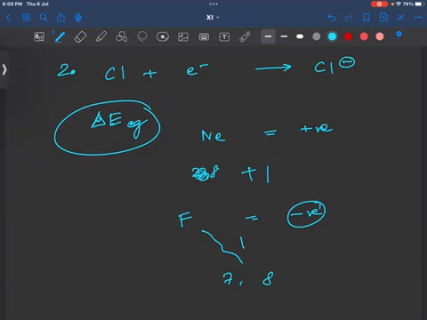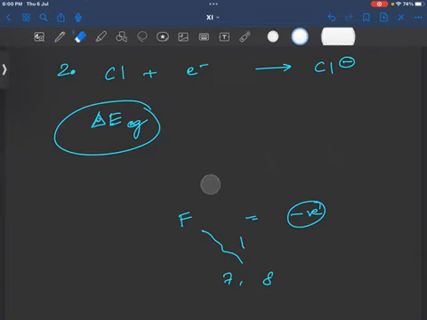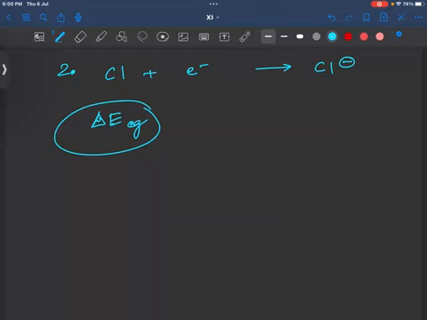So for a strong ionic bond, do you want electron gain enthalpy to be positive or negative? I have told you repeatedly, in chemistry energy is the currency.